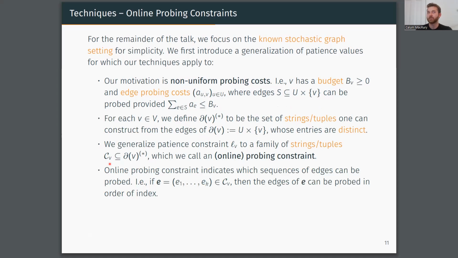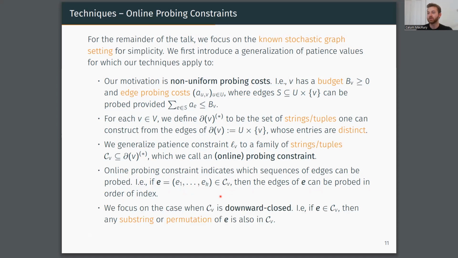And what this family of strings indicates is which sequences of edges can be probed. So we'll put a sequence of edges within script C of v if and only if the edges of v can be probed in order of index. In this work, we focus on the case when script C is downward closed, which just means that if a sequence of edges can be probed, then any permutation of those edges or any substring of those edges can also be probed.